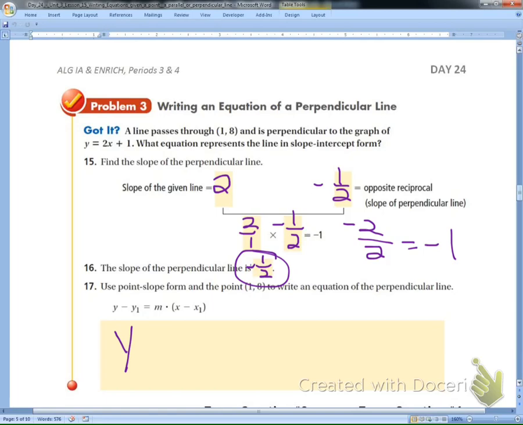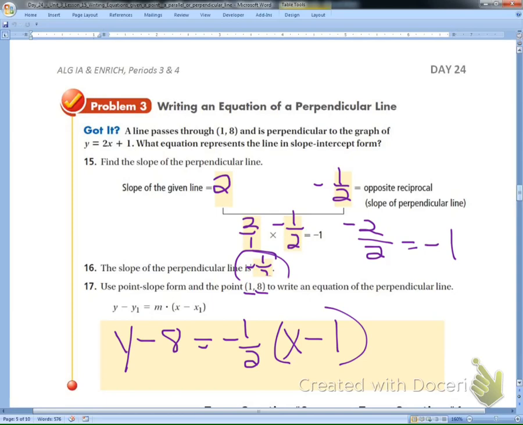The y value is 8, so the opposite of +8 is -8, is equal to the slope, our new slope, the -1/2, times the quantity x and the opposite of our x point. Our x point is +1, so we would write -1. If it was a -1, we would write +1.